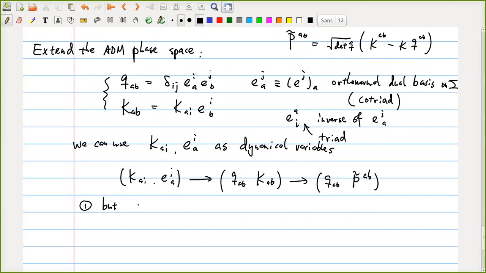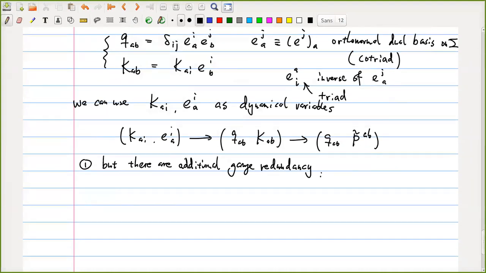We introduce some more gauge redundancies by these variables. They are additional gauge redundancies.